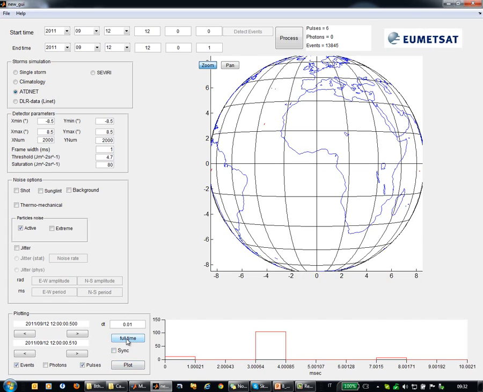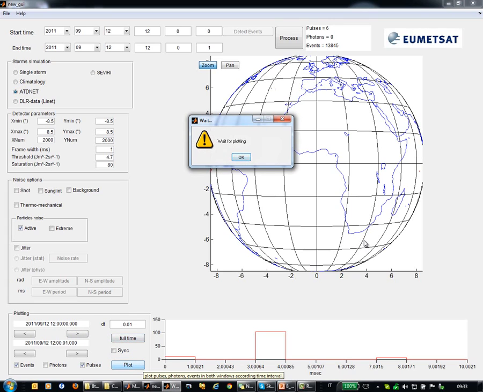We push again full time, we return to the starting time and the ending time. We first input on the table above, and again with the plot button we replot all our pulses and events.